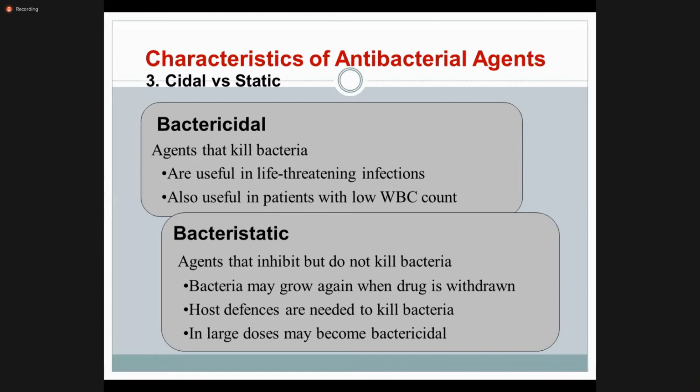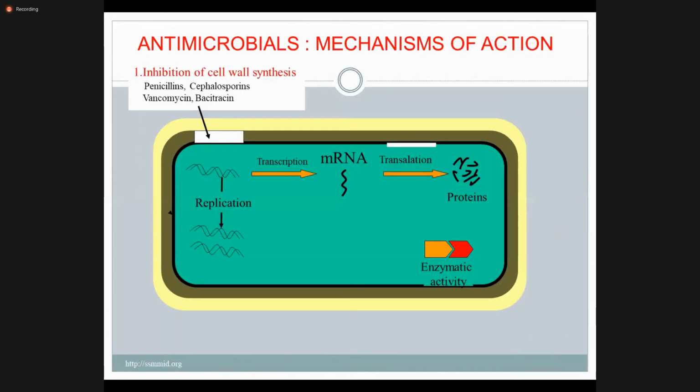Now this is a very important slide. Already we have discussed there are different sites where antibiotics produce their activity, right? In the previous slide we discussed a site called the cell wall, cell membrane. When we enter inside the cell, there is another site, the ribosome, responsible for protein synthesis.